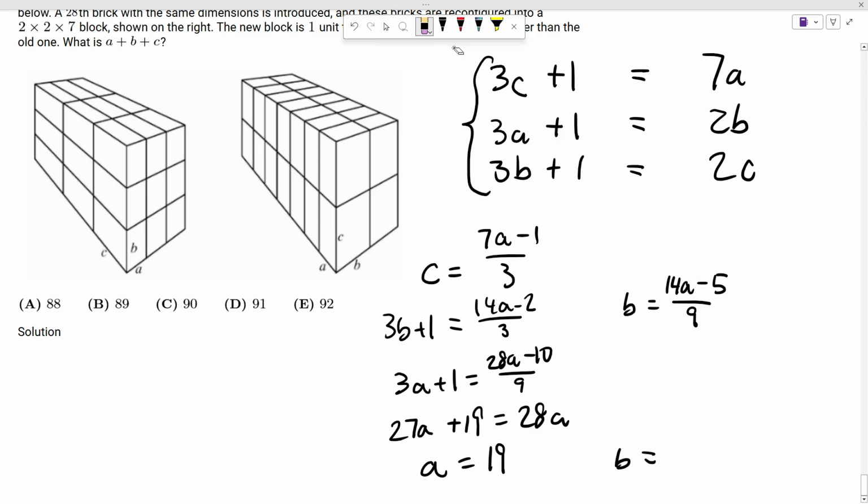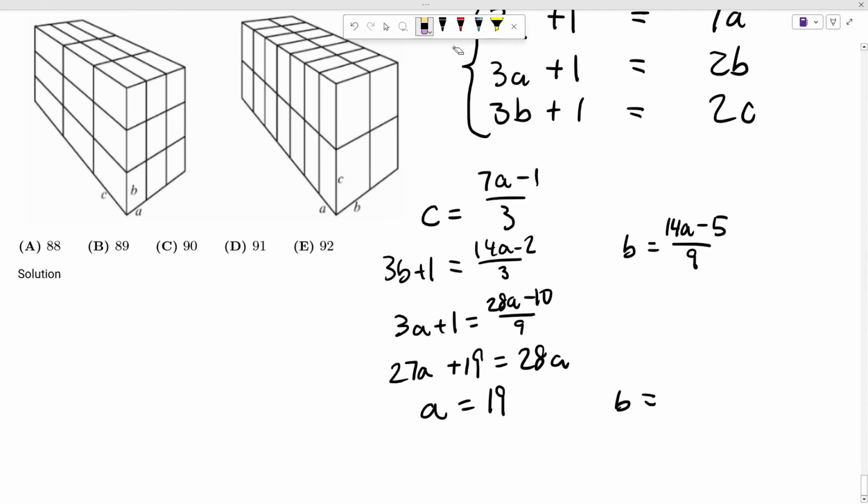C is (7A minus 1) over 3. 3B plus 1 is 2C. 14 times 19 is 261. Let me just confirm that. 14 times 19. Oh my gosh, I'm so sorry. 14 times 19 is 266. Minus 5 is 261. And then when we divide by 9, it's 261 over 9, which is going to equal 29.